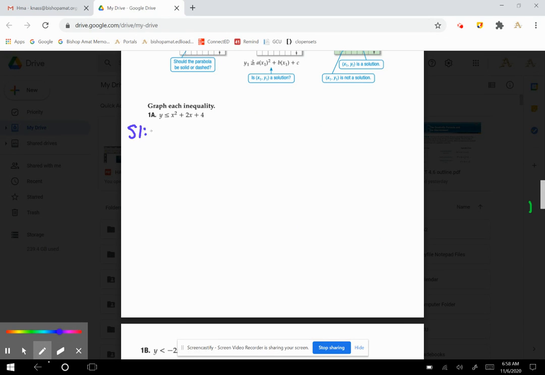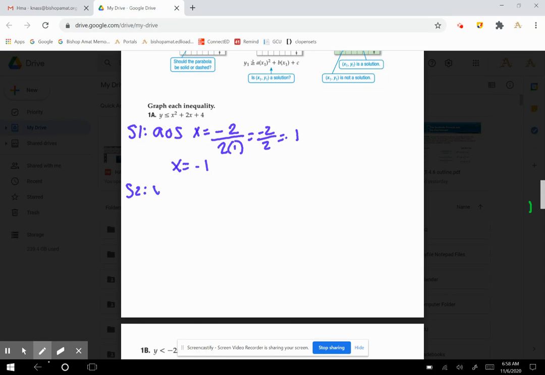Step 1 is to find the axis of symmetry, which is x equals negative b over 2a. So negative 2 over 2 is negative 1. X equals negative 1. Step 2 is to find the vertex. The vertex, you plug it in. So this is negative 1 squared plus 2 times negative 1 plus 4. So this is 1 minus 2 plus 4, which is 3.